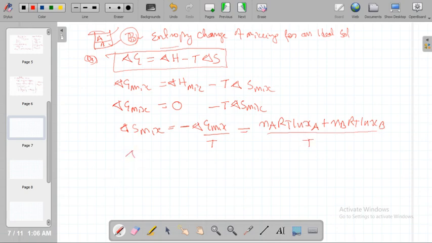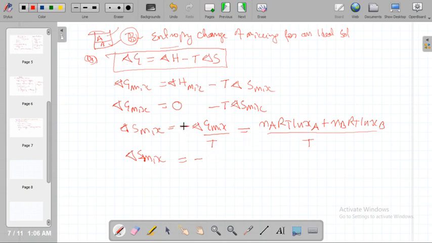This entropy is denoted by S. So entropy of mixing, why is it mixing? Because we are studying the thermodynamics of binary solutions.